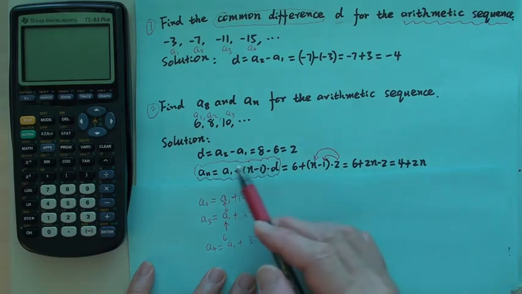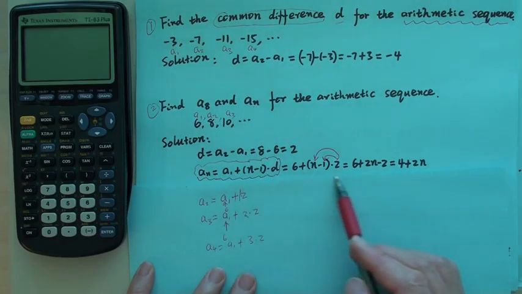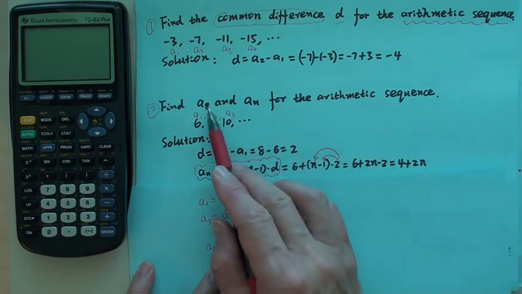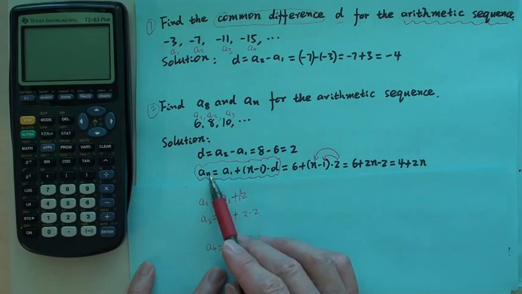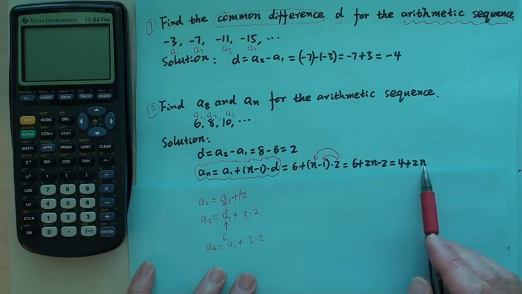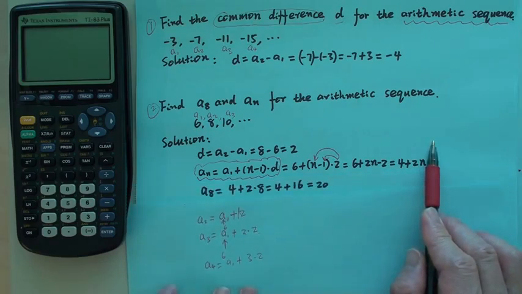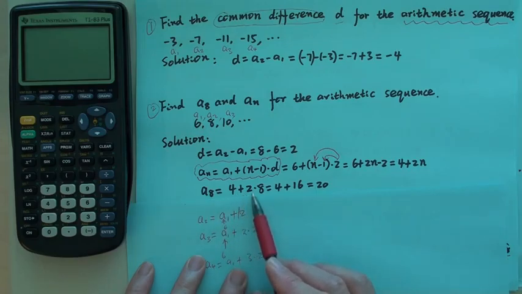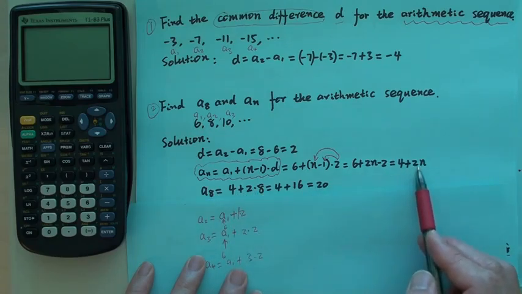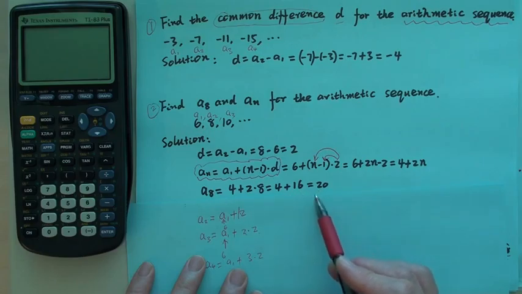So you have found a sub n. If you need a8, that's easy: you plug in 8 for n. So a8 equals 4 plus 2 times 8, which is 20.